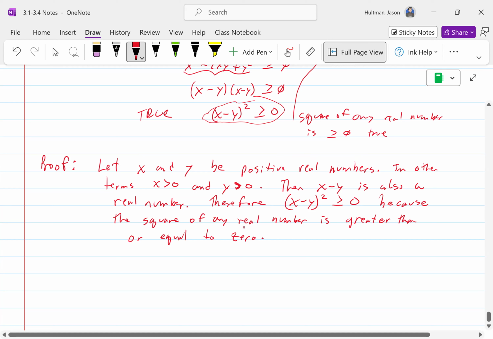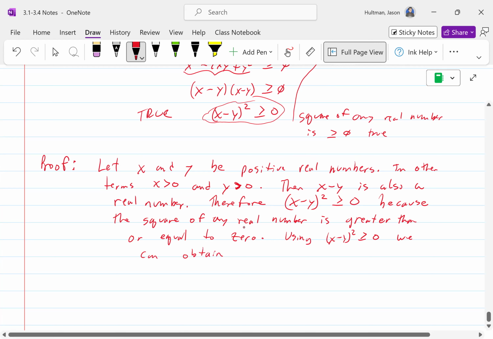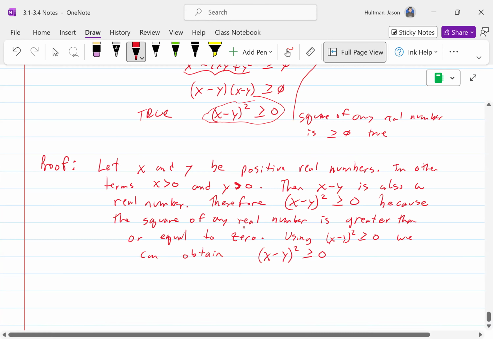So using x minus y squared is greater than or equal to 0, we can say x minus y times x minus y is greater than or equal to 0.